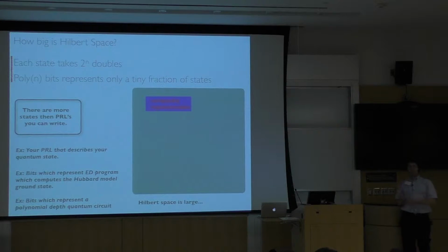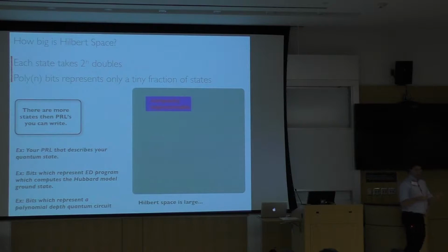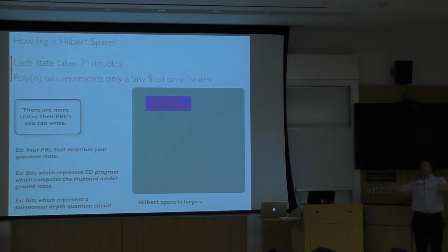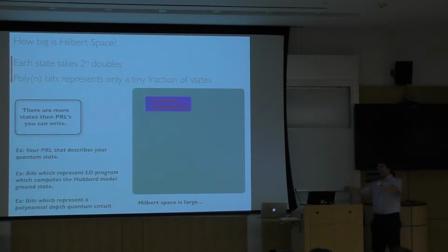There are lots of things that I can describe in 4 pages, but the number of wave functions that exist is significantly larger than that. I can describe a wave function as the output of this quantum circuit. Now, that's something that I might not be able to do without a quantum computer, but it's at least something I can describe with a short number of bits. I can write it down on a few pages of paper.